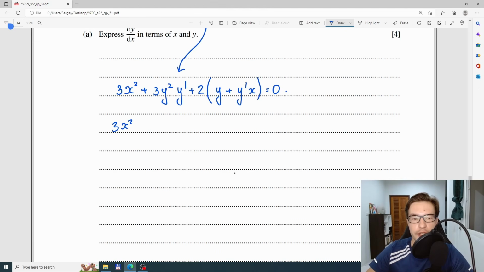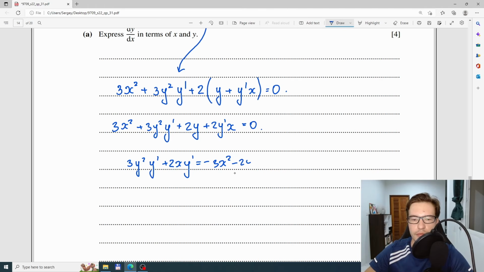And from here we'll have to find y derivative. First, let's expand the brackets. And then let's keep everything with y derivative on the left side and everything without on the right side. Next, factorize and take y derivative out of the bracket.